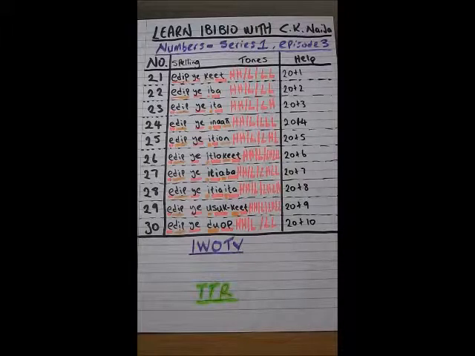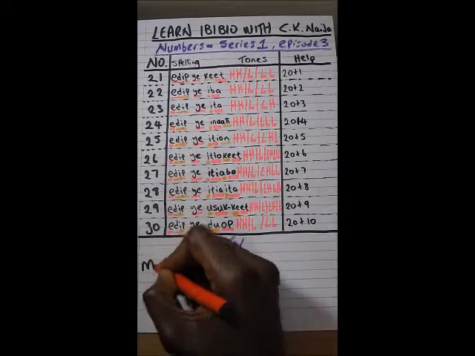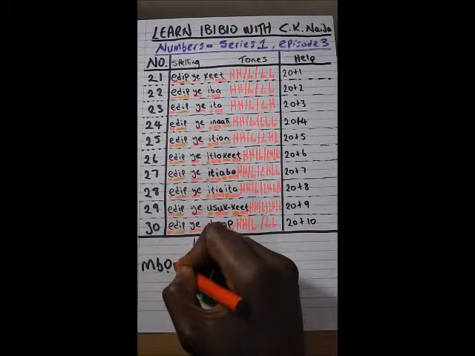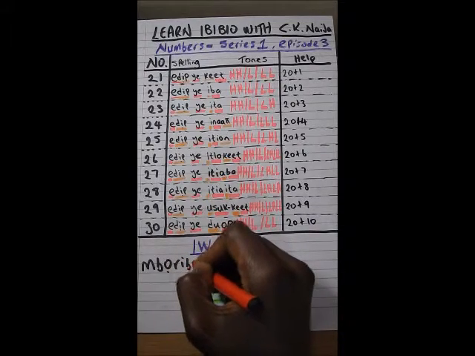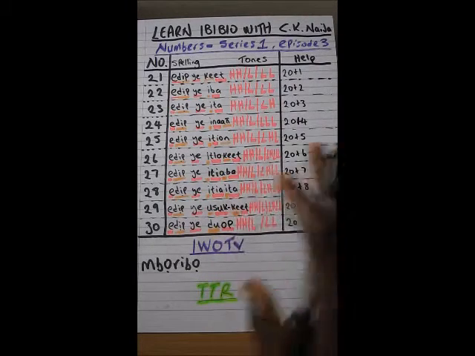The interesting word of this video is something spelled mboribo. As I explained in earlier videos, the vowels in English and the vowels in Ibibio are a bit different.